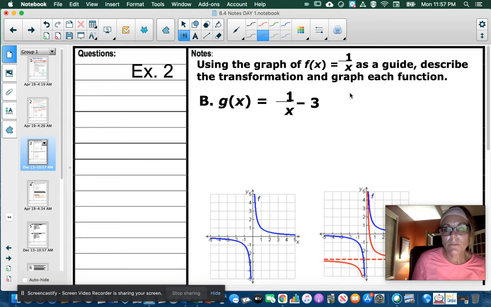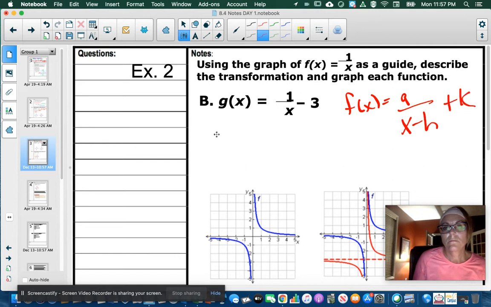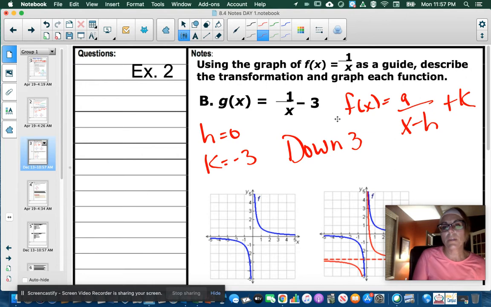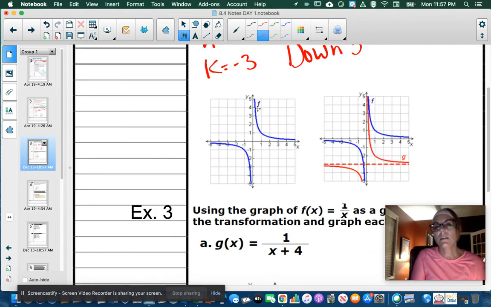Okay, so again, in this case, there's nothing attached to the x, so h is 0, k is negative 3, so we're going down 3. And as you can see, again, the blue is the parent function, and the red is the transformed function. Going from the blue to the red, we shifted it down 3.